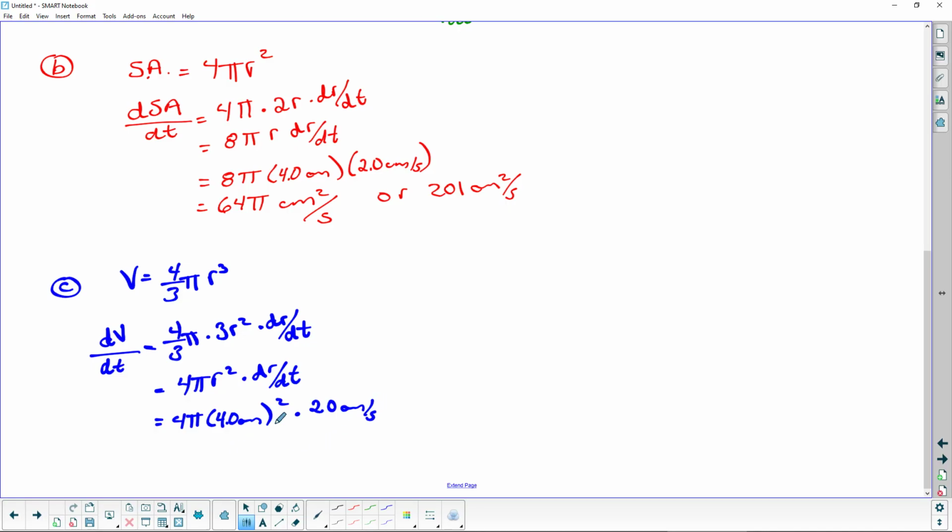So this is 16 times 4 times 2, which is 128 pi centimeters cubed per second. Or, if you like, using 3.14, that's about 402 centimeters cubed per second.